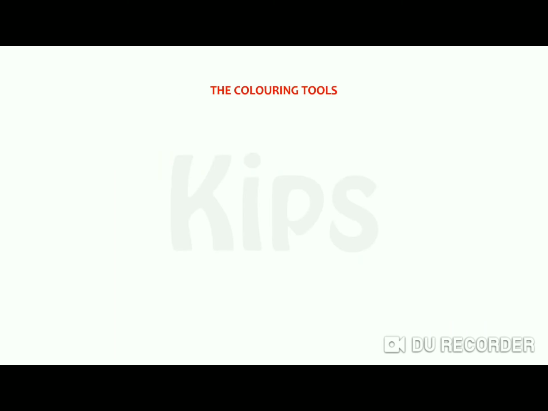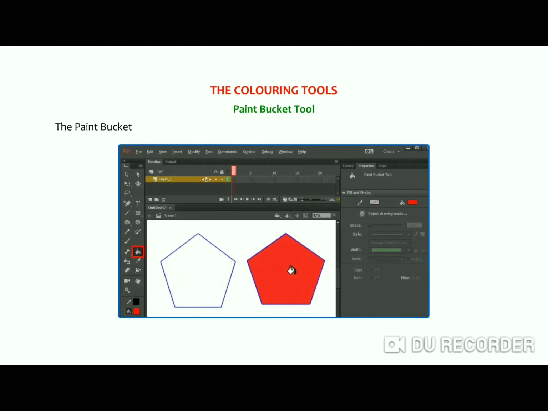Now the coloring tools. So, dear, firstly, the paint bucket tool. The paint bucket tool is used to fill the enclosed area of an object with colors in a single click. This tool is also used to fill areas that are not completely closed.